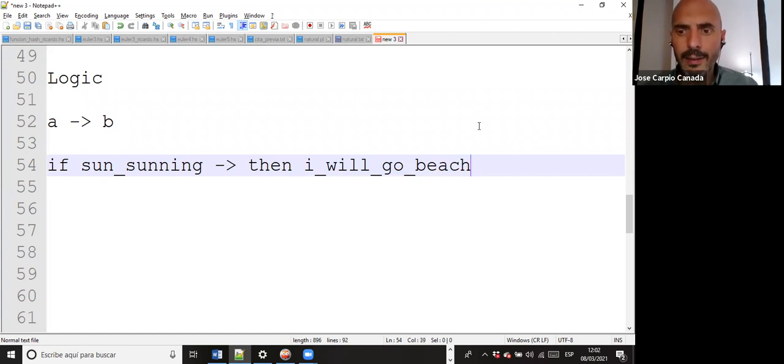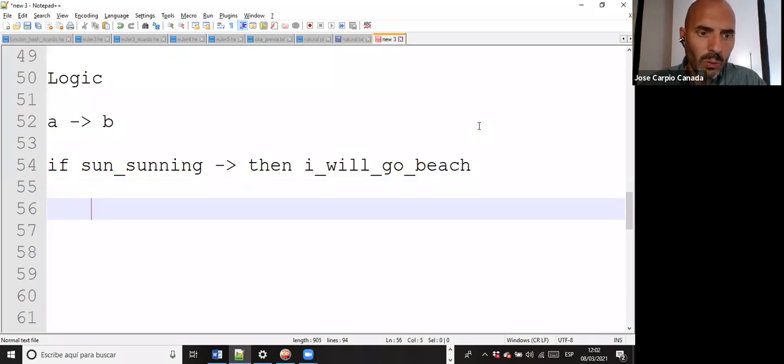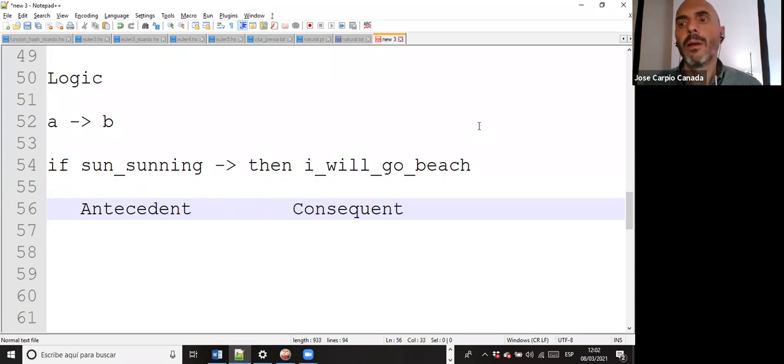This is the antecedent of the rule, and we call this part the consequent. So if the sun is shining, if this antecedent is true, then the consequent will be true. But I am not telling anything about whether the sun is shining or not.